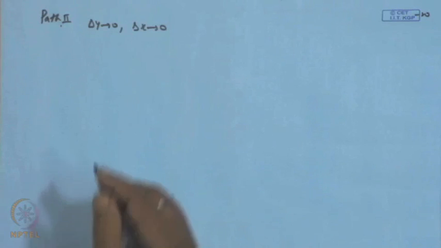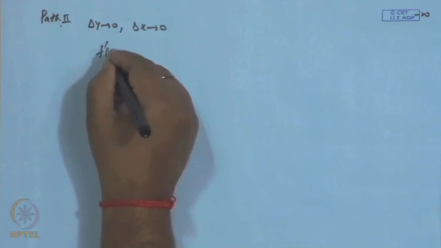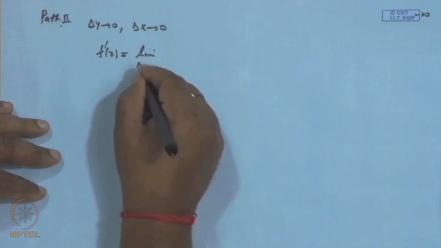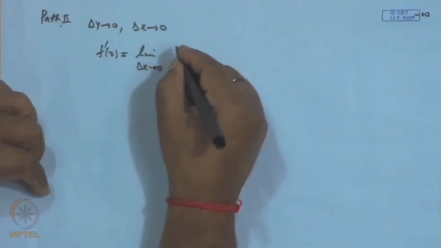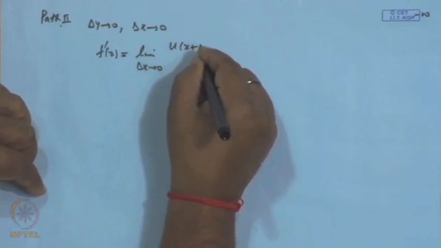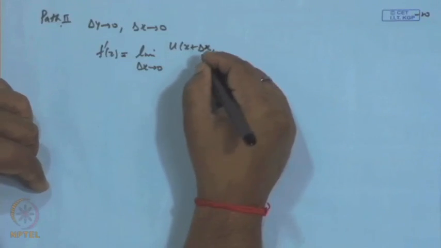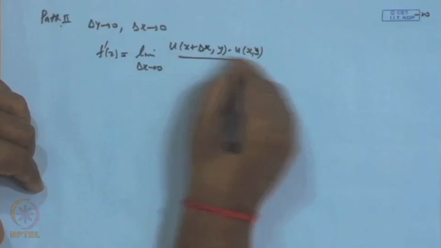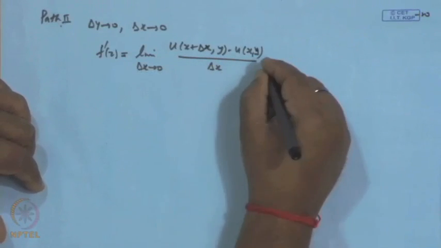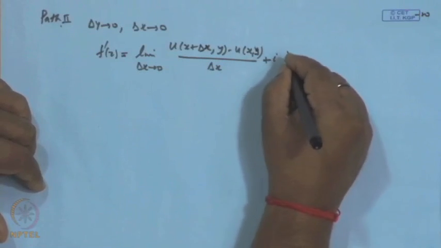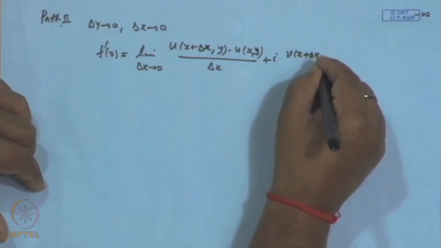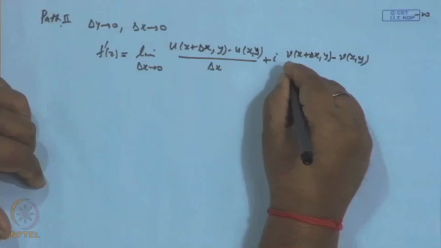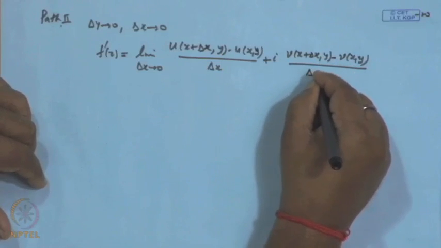Then in that case we get f prime(z) equal to the limit as Δx tends to 0 of [u(x + Δx, y) − u(x,y)] divided by Δx plus i [v(x + Δx, y) − v(x,y)] divided by Δx.